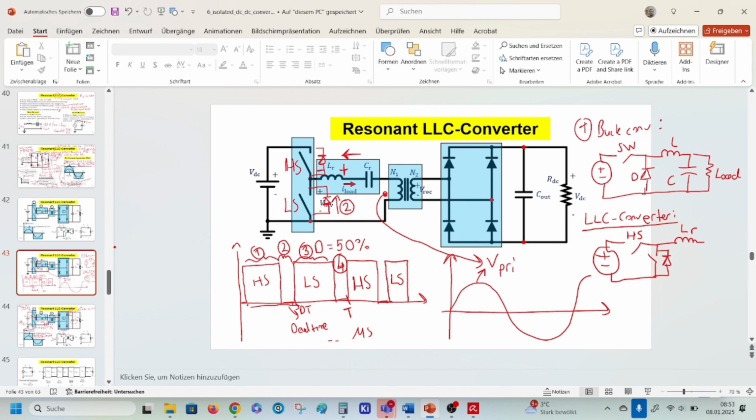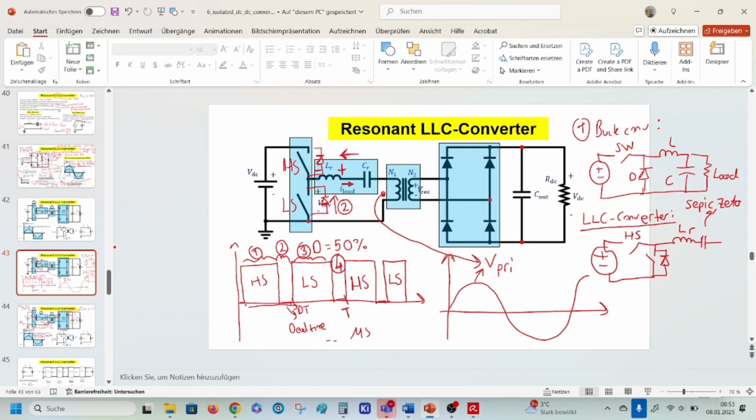And let's show this portion here. It's like static. If you look back to static converter or zeta converter, you will see a DC coupling element here.